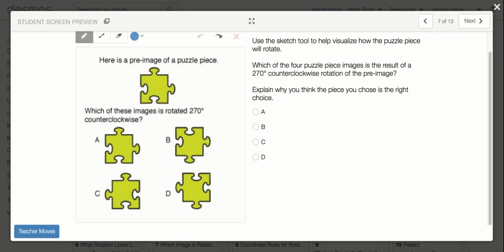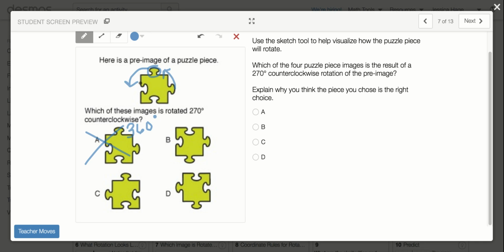I would suggest eliminating answers. So we're going to eliminate A, because you can say A and the original puzzle piece look the same. So this would actually be a 360 rotation because it's back to the beginning. So do not pick A. And then it appears that turning this once, which is 90, okay, is going to put one of these jutted out pieces of the puzzle on the right, and then this one's going to be at the top.